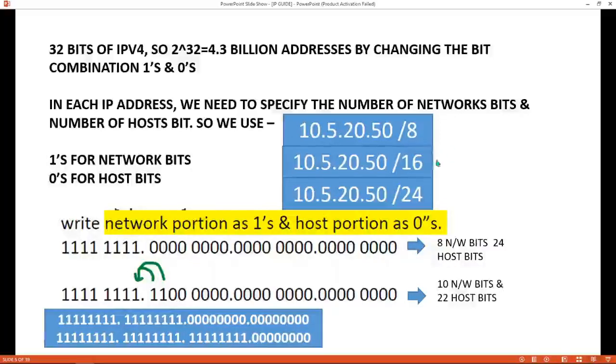In class B, you can have an equal amount of networks and hosts. In class A, you can have very few networks, but a large number of hosts on each network. Okay. So for example, in 10 dot, you can have from 1 dot to 254.